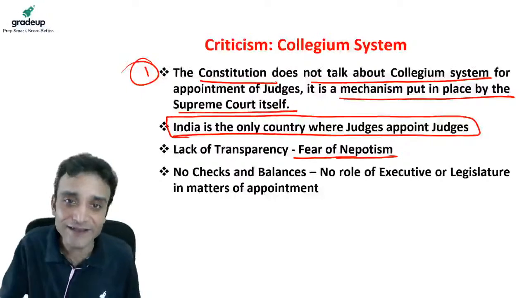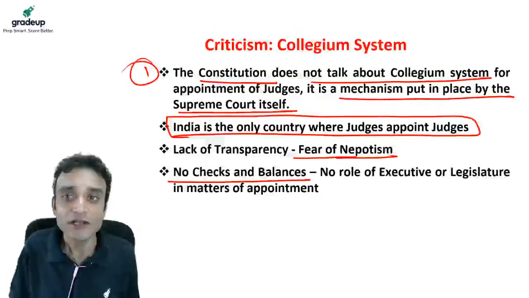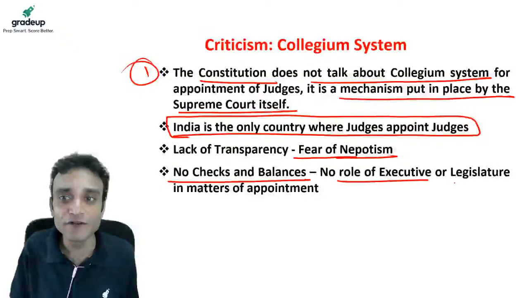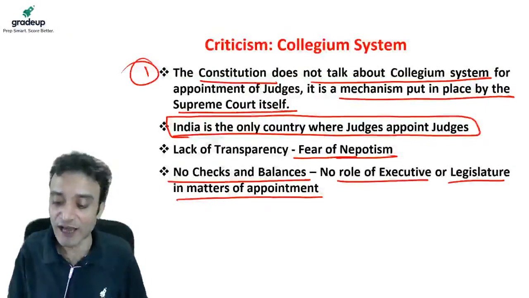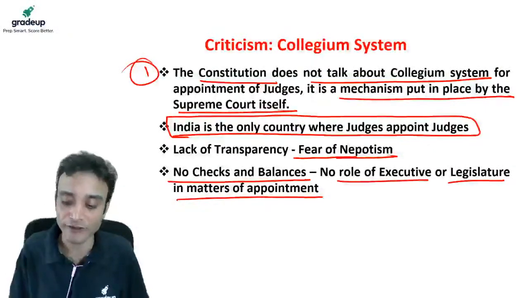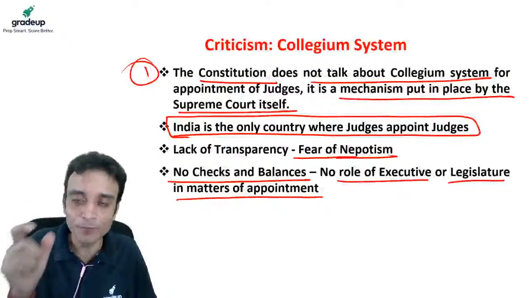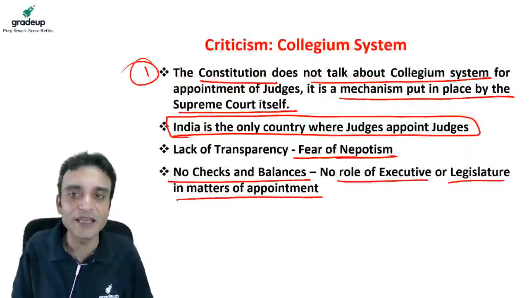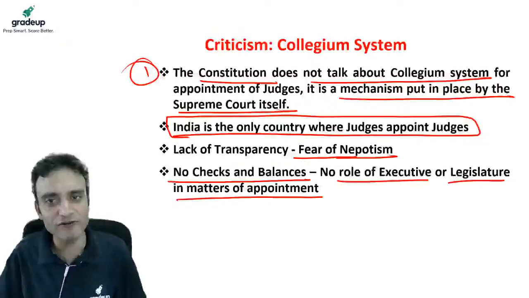And finally, there are no checks and balances. There is no role of the executive, no role of the legislature insofar as appointments to the High Court and the Supreme Court is concerned. Very, very important. Now, if the Parliament does something wrong, it is subjected to the Supreme Court's judicial review.